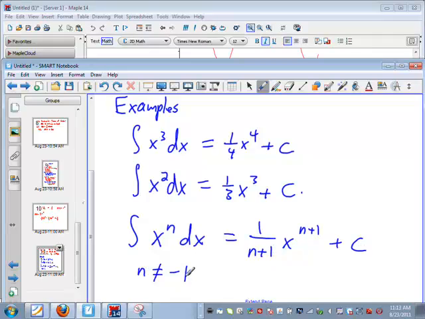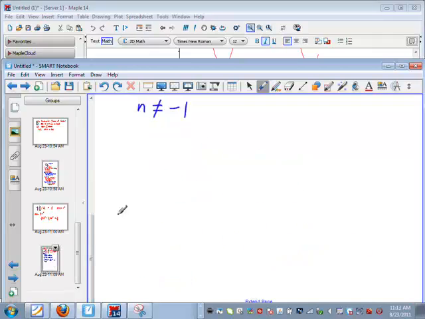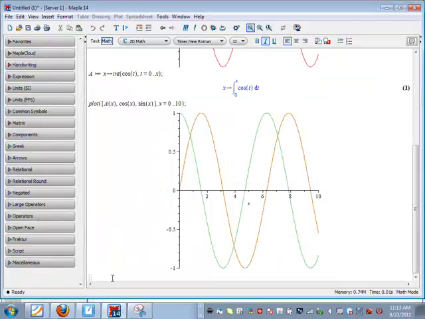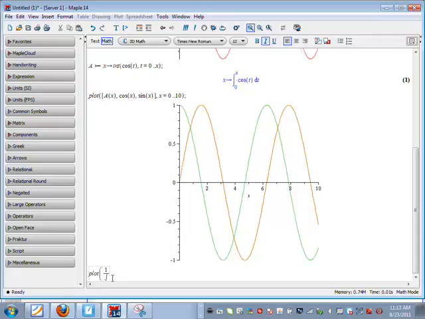The great skeptic, of course, says, well, what happens at negative 1, right? But now we know that the function 1 over x, when n is equal to negative 1, you get x to the negative 1, and that's 1 over x. And we know for lots of reasons why 1 over x is pretty important to us, because it's usually the way that we talk about the demand function in economics.